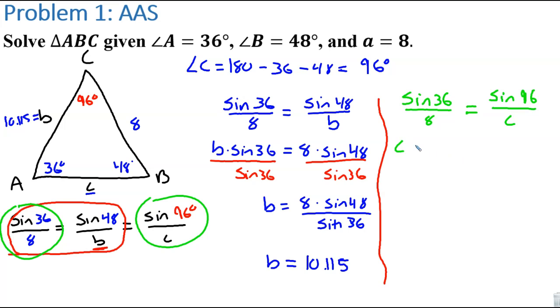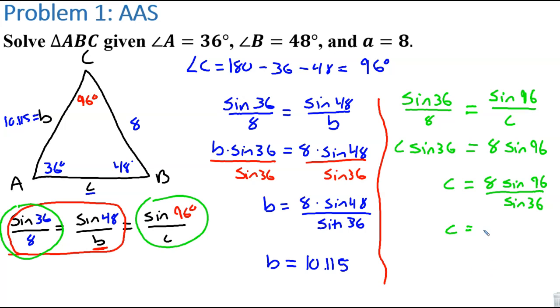So that's going to give me C sine 36 is equal to the other cross product, 8 sine 96. And once again, I'll divide both sides by the sine 36 to get the C by itself. So we have C equals 8 sine 96 over sine 36.